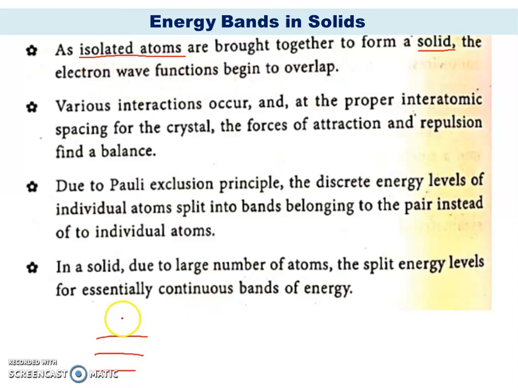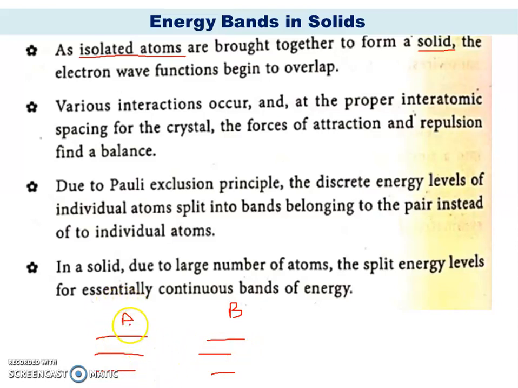Consider this one atom, A atom, with its energy levels here. Now this is another atom, B atom, with its energy levels. This is 1s, 2s, and 2p, and likewise for the other.